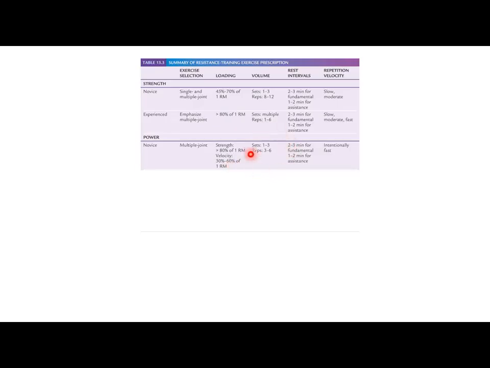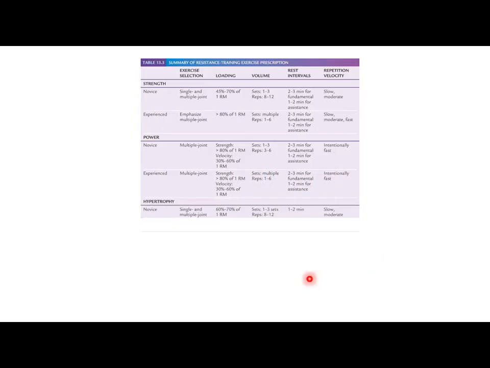The volume is going to be quite low in general. The rest period is going to be a little bit higher. And the repetition velocity is, of course, intentionally fast. If you're working with somebody experienced, of course, multi-joint, intensity is fairly stable and consistent. The rep range is again low, and the rest and repetition velocity is about the same.